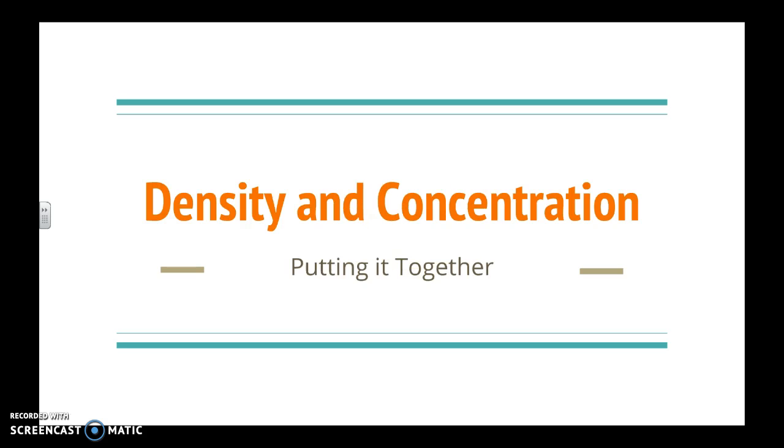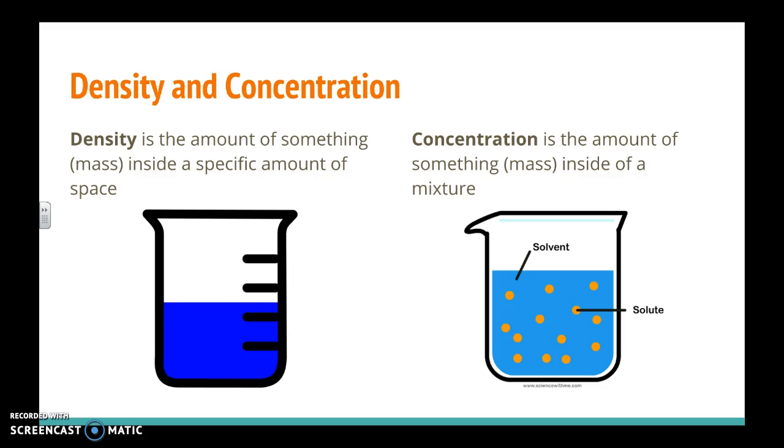We went into this presentation. We started talking about density and how that relates to concentration and why it's important for your project. We looked at density on the left side of the screen as being the amount of something inside a specific amount of space. Concentration is a little bit different because it is the amount of something inside of a mixture, inside of something else.